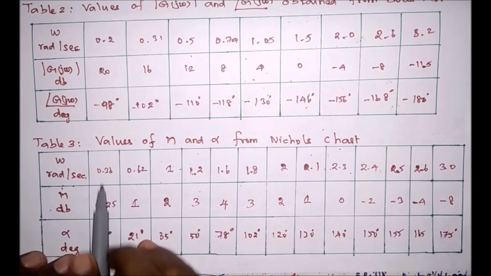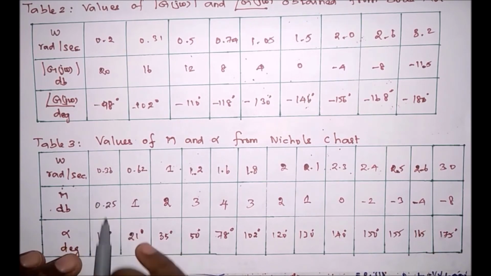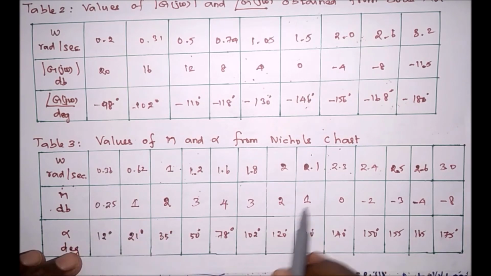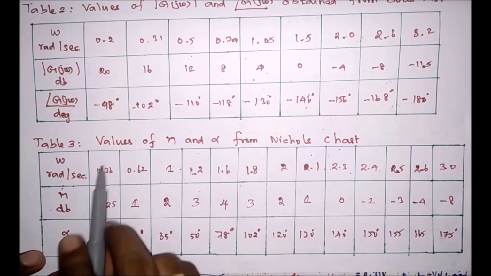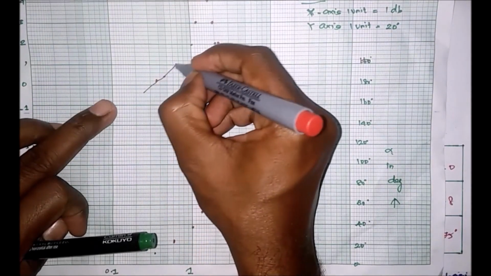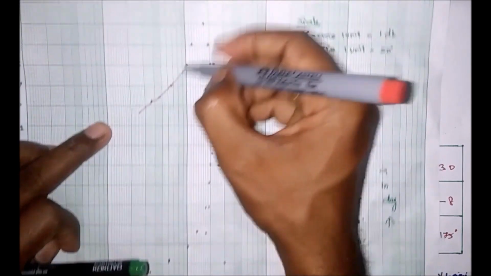Next in the Bode plot, we have to draw the magnitude and phase plot. The magnitude plot should be omega versus magnitude. The phase plot should be omega versus phase. We see actually I have marked. So this is the magnitude plot. It will go like this.